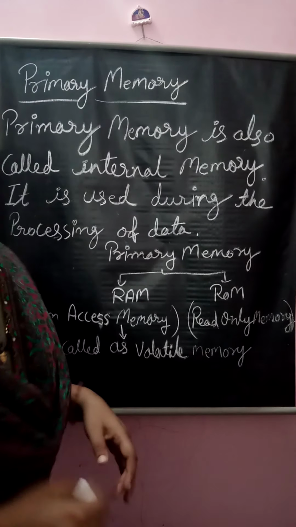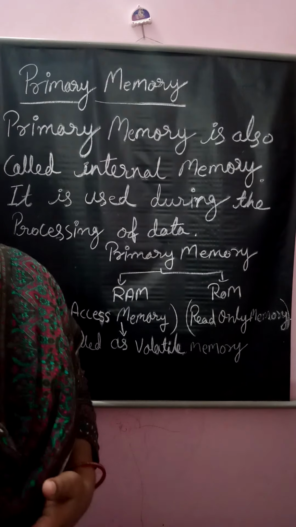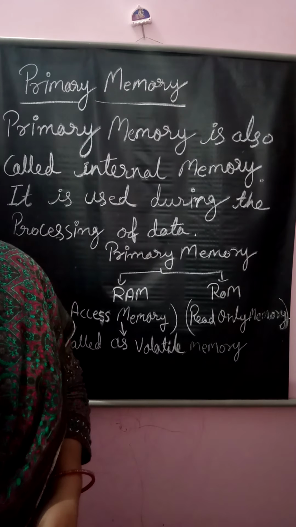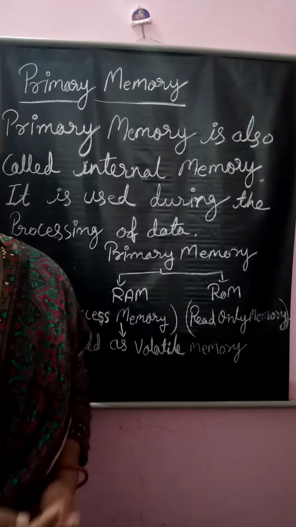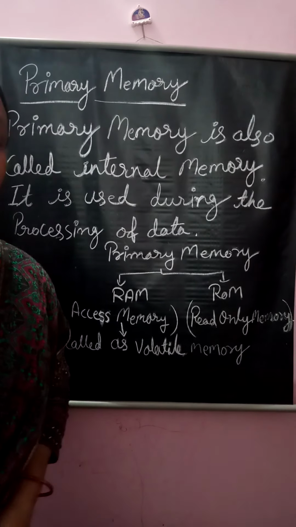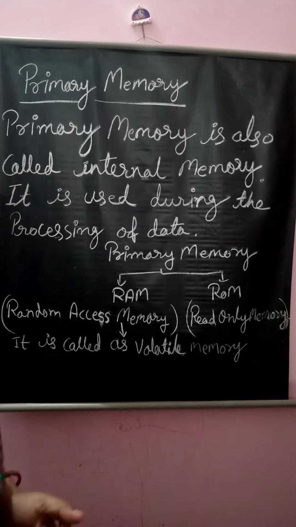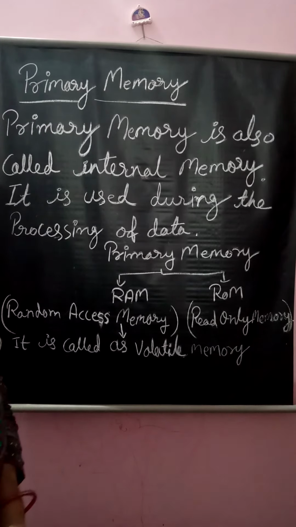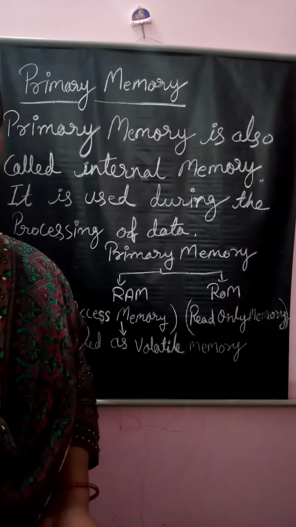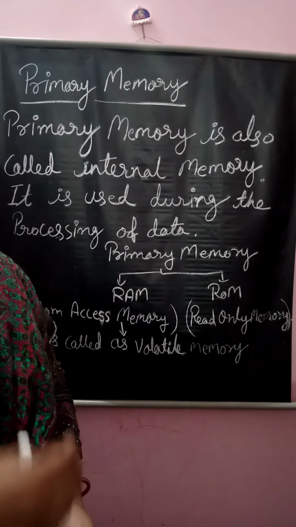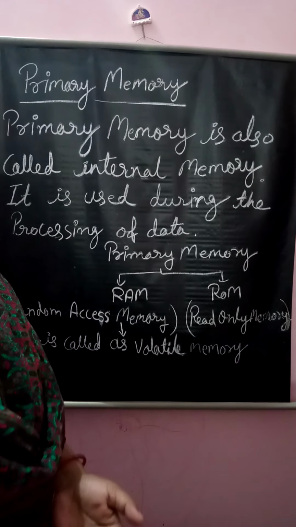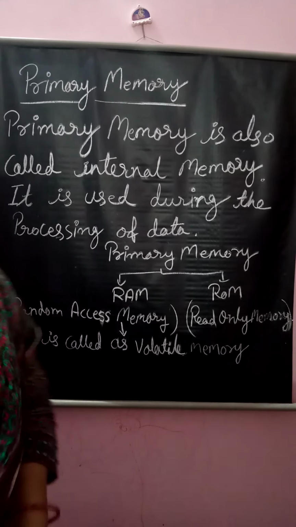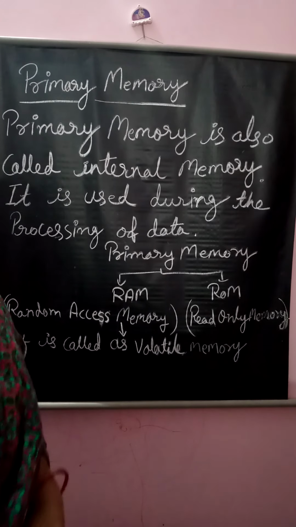Exactly. Processing of data means when you switch on the computer, you have seen that many processes are going on, and then your computer starts. During that time, the computer starts the operating system software, and from the hard disk it is transferred to the primary memory, and then we see it on the monitor.